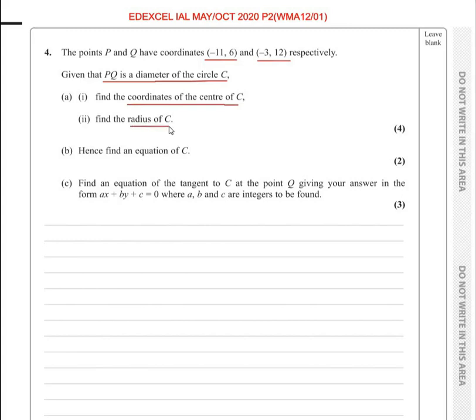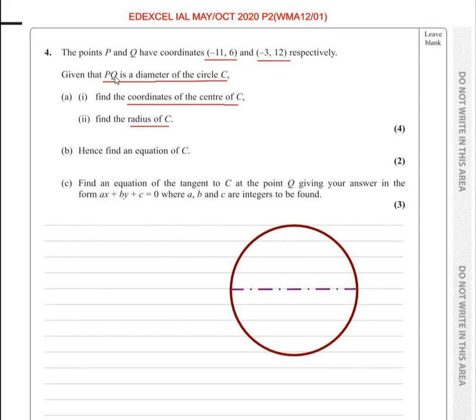of the circle. So let us try to draw a circle first and try to understand what we have given. This is a circle and let us draw a line which is a diameter, approximately like this.